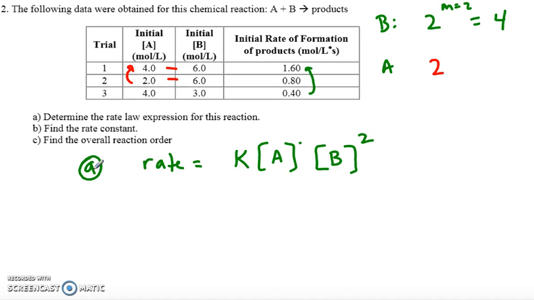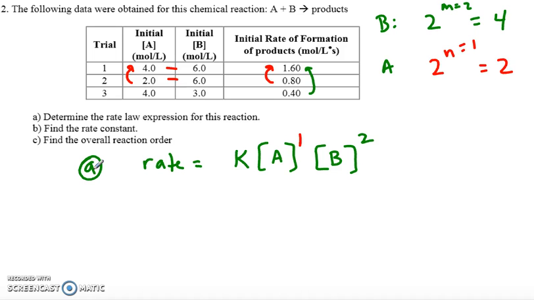That's a doubling. What is the resulting effect on the reaction rate? Well, from 0.8 up to 1.6, or if you want to think about it by dividing the bigger number by the smaller number, 1.6 divided by 0.8 is also a doubling. So the exponent I need to put here on the initial concentration of A is going to have to be equal to 1.